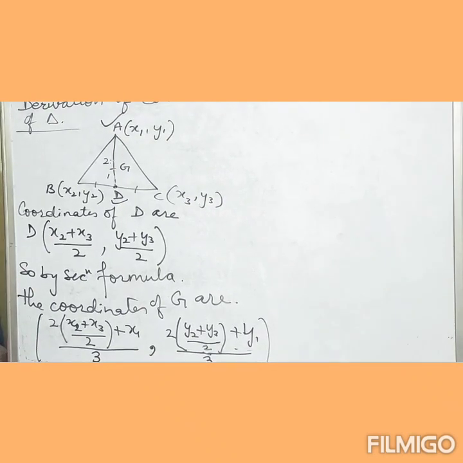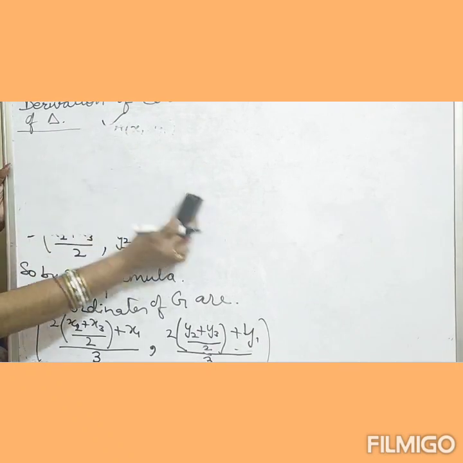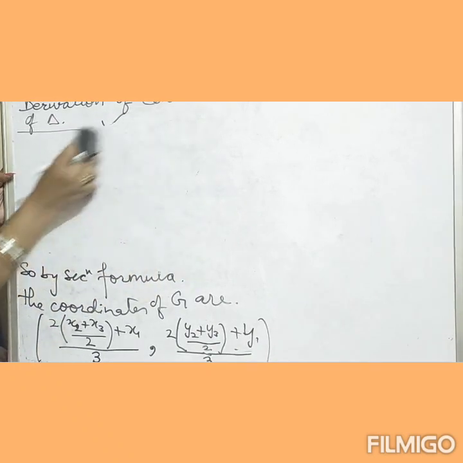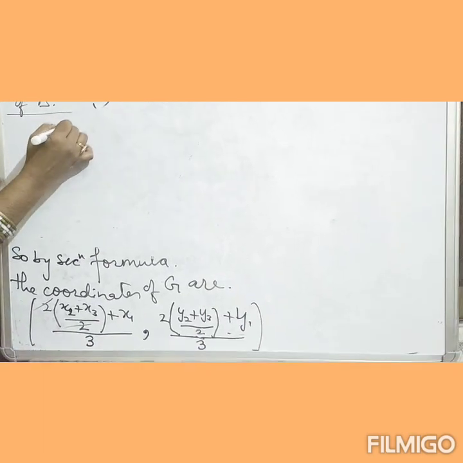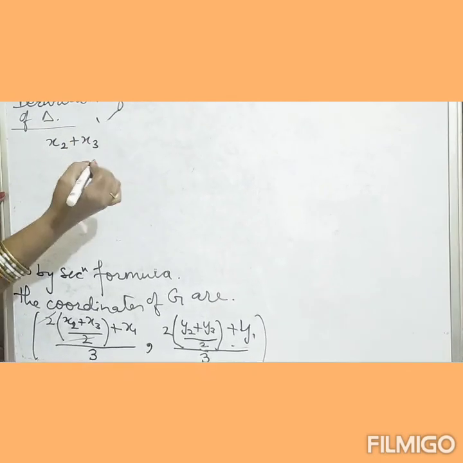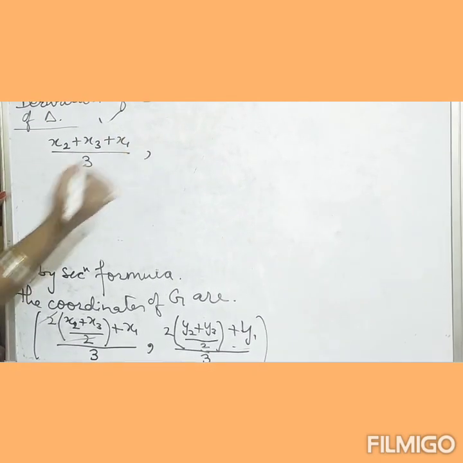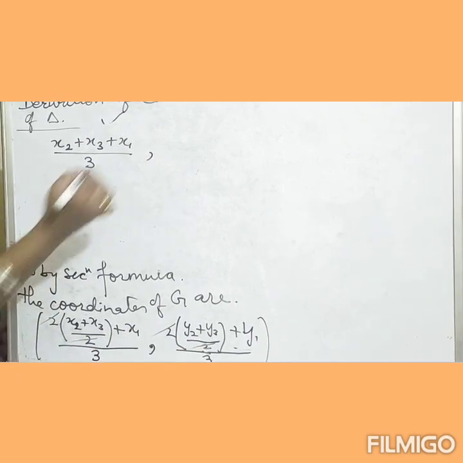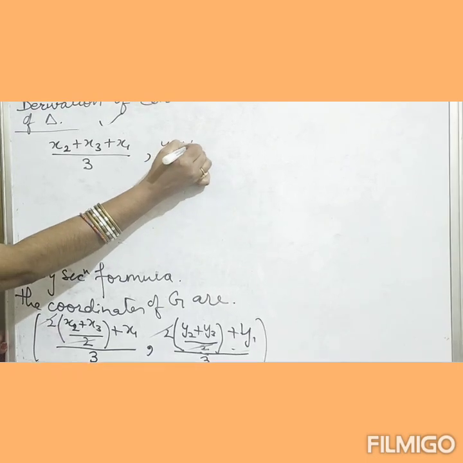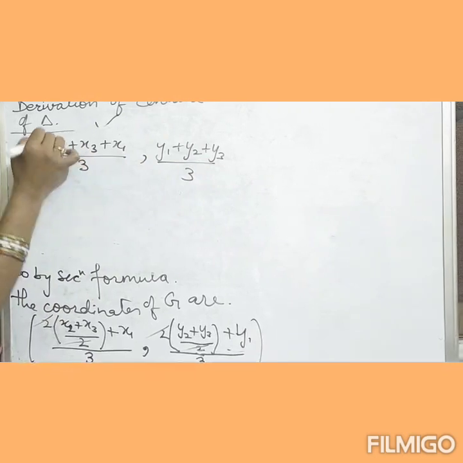The 2 and 2 cancel out, so it is now (x1 plus x2 plus x3) by 3, and similarly the y-coordinate is (y1 plus y2 plus y3) by 3.